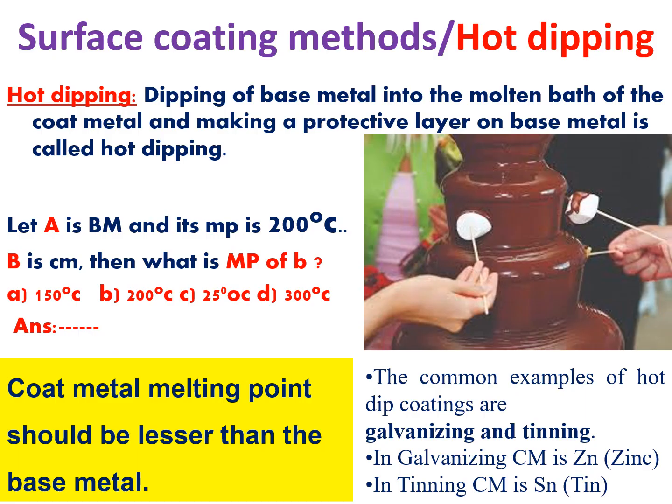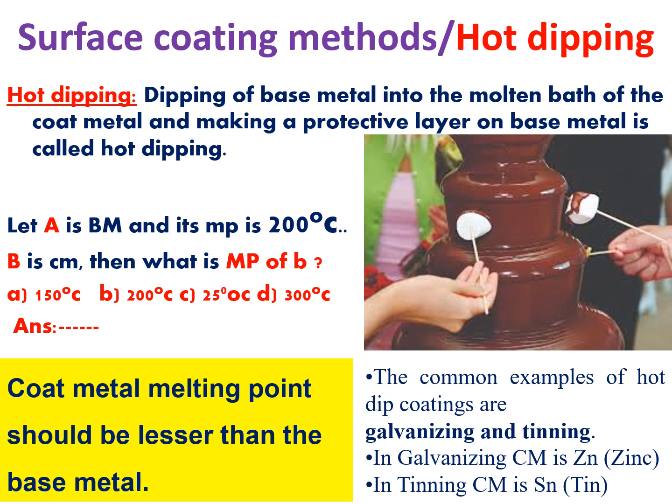One method of surface coating is hot dipping. Just consider a chocolate fountain. The chocolate is melted, becomes a liquid, and is continuously moving on the fountain. When you keep a sweet bun over there, the chocolate makes a surface layer on the bun, and when you take it out it dries and looks attractive and very tasty.